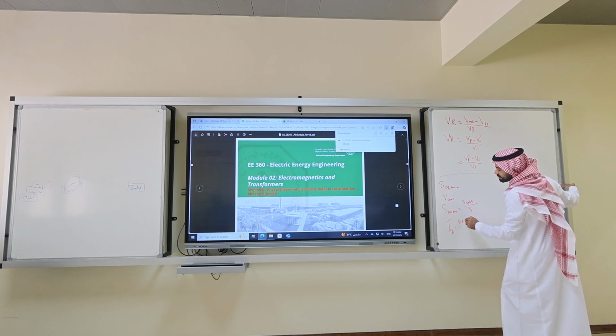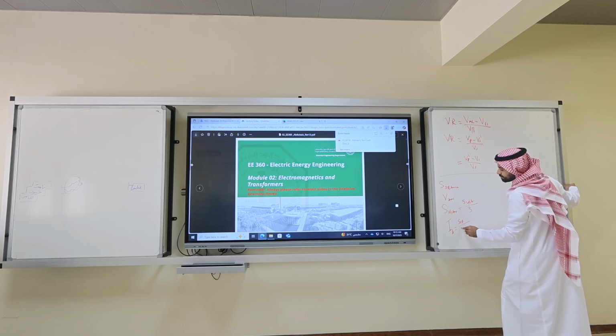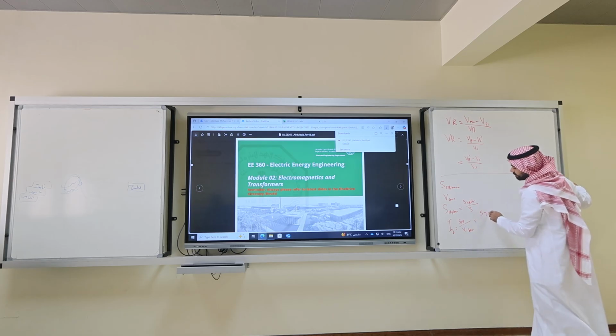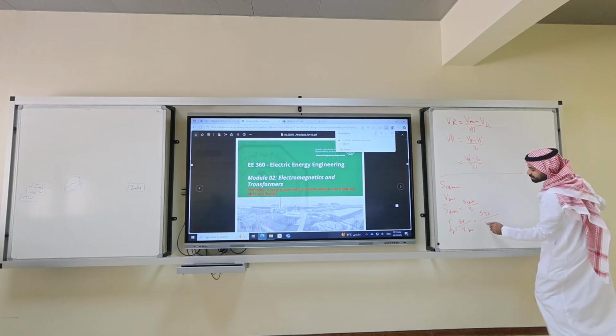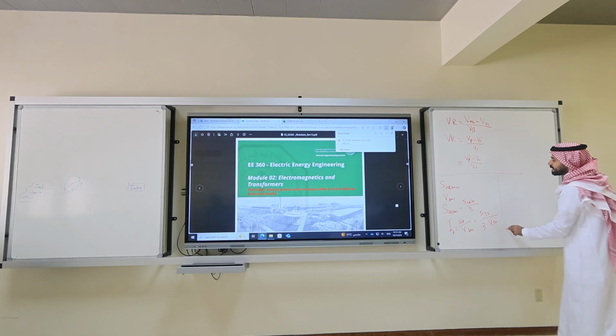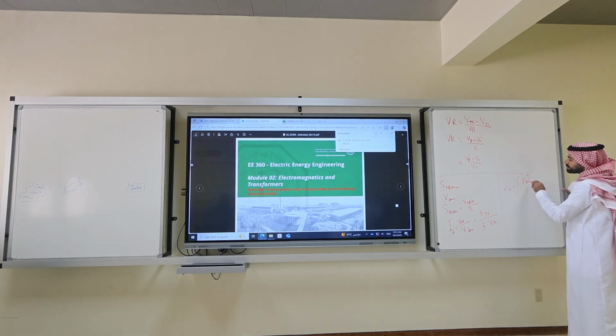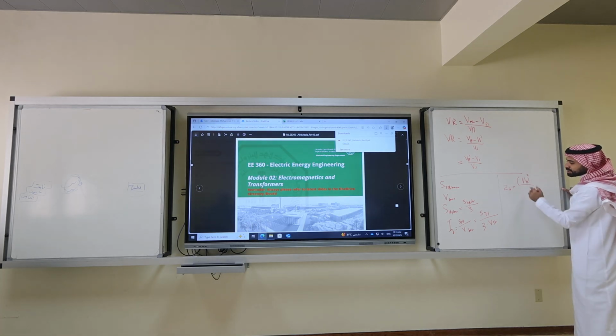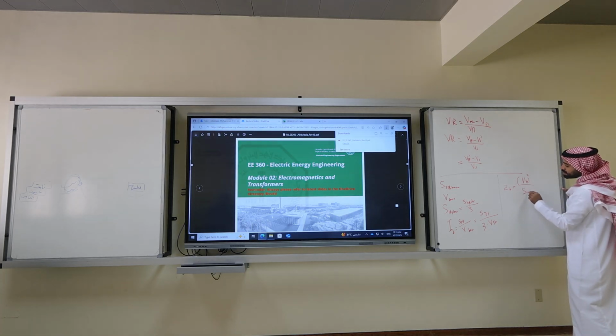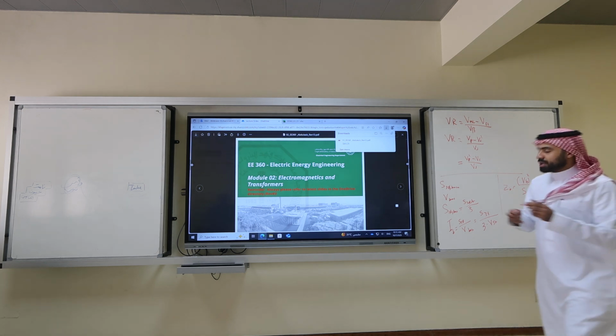S 1 phase divided by V base, or you can say it's S 3 phase divided by 3 times V base. And then finally Z base is V base squared over S 1 phase, and these are the equations.